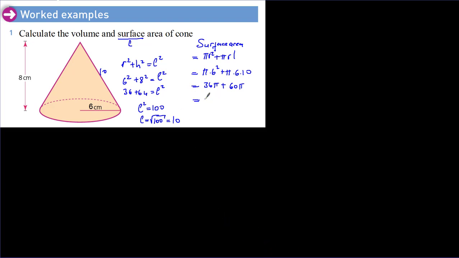Since it is centimeter, the result has to be centimeter square.